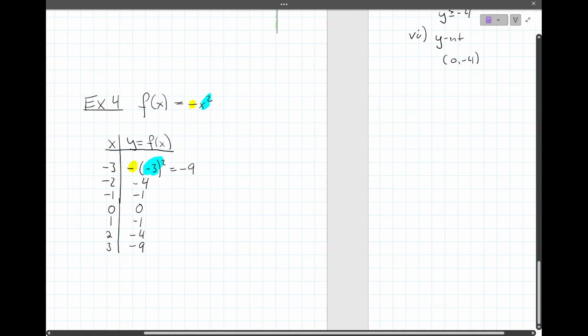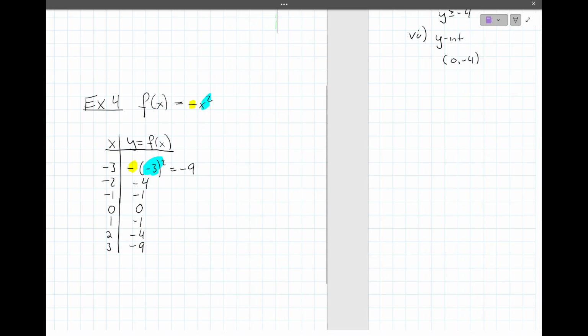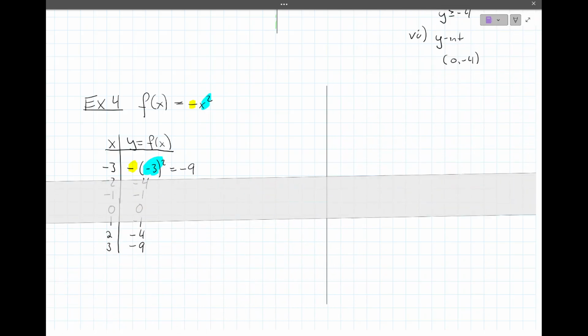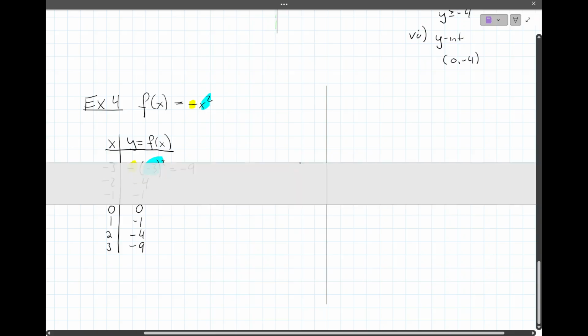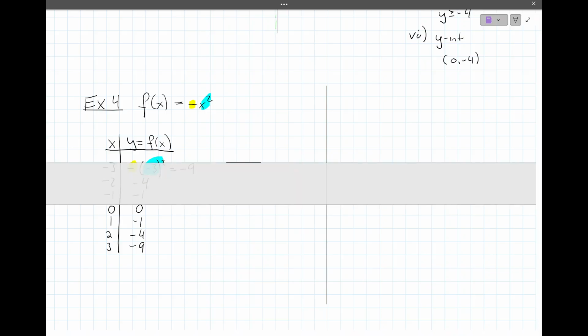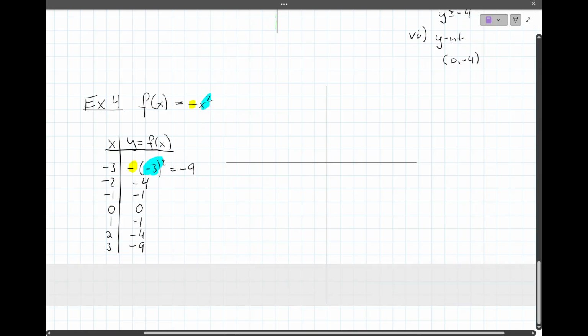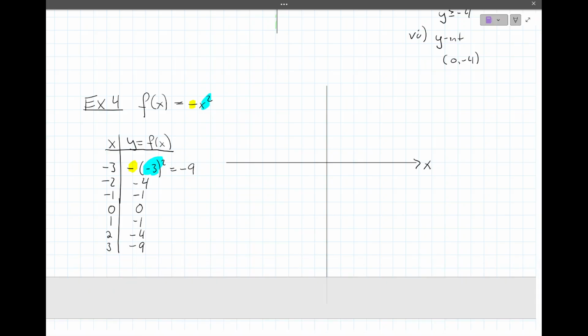So what does that look like for us when we graph this? So let's put it together. Now let's make the x-axis a little bit taller. Let's not move that ruler too much. Perfect. So that's x, that's y. Turns out 0, 0 is still just there.